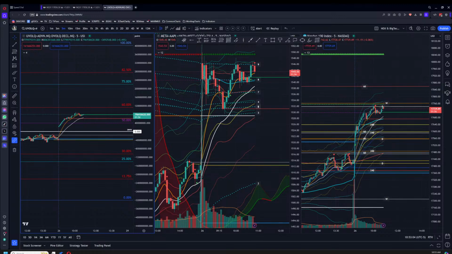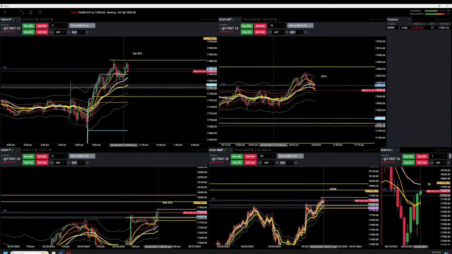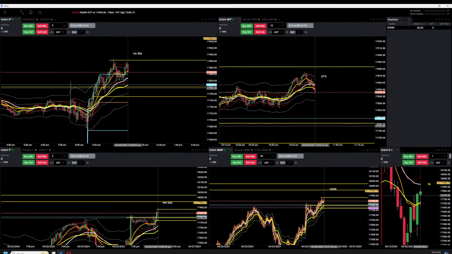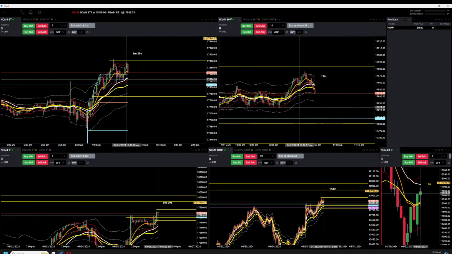I'll do fixed stops. 20. 20. 40. Yep. Gonna get knocked out. See? Little bastard. Should have shorted it. Should have took my own advice.